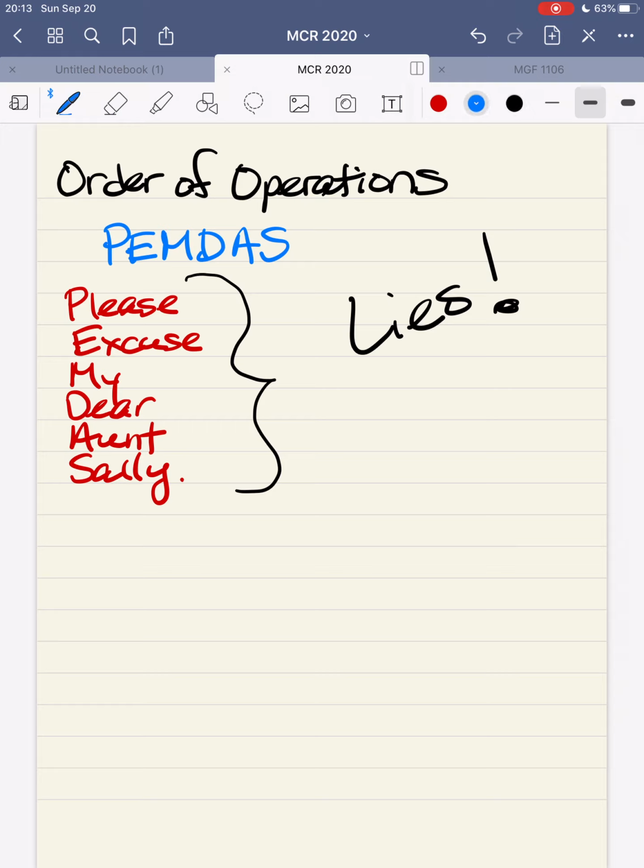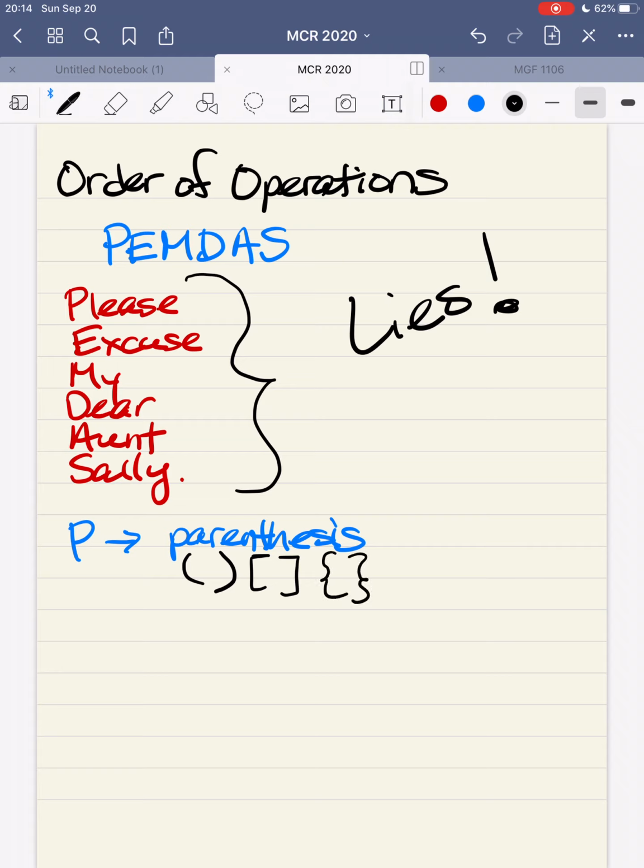Now, if I ask you what P stands for, most of you are going to say P stands for parentheses. And I'm going to tell you that's only marginally correct. Yes, P does stand for parentheses, which is one of our grouping symbols that we're going to be using, but it also stands for brackets, these little squiggly lines we call braces, absolute value, a thing called square root, and, believe it or not, the idea of a division bar.